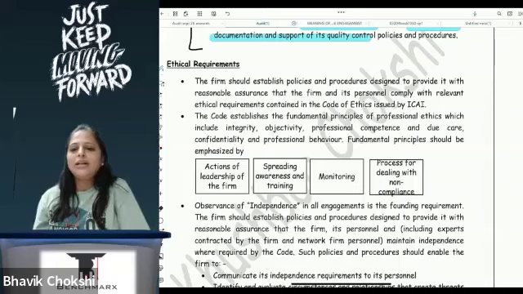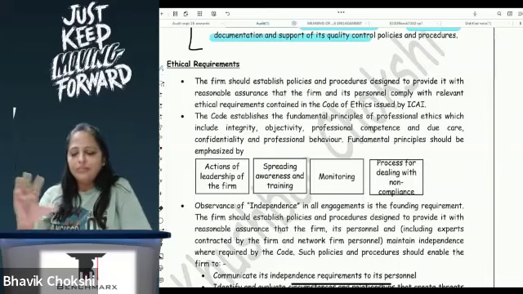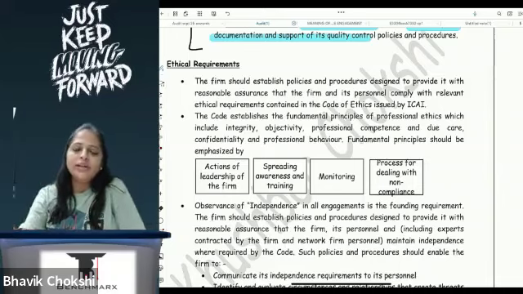Because whenever you are related in some way, the independence always goes for a toss, correct? Hence it is very, very important that you are not related in any way and you have independence from the firm. Only then can you provide these services, otherwise you cannot, because if you are related, then your views are not unbiased, and hence it can create a problem for the intended users.